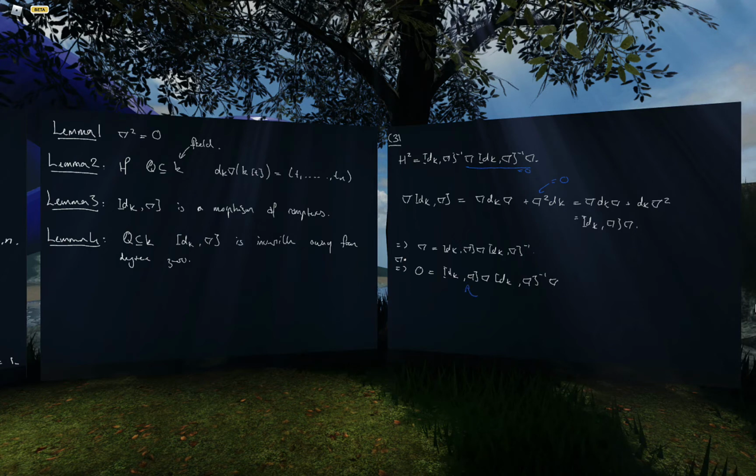But in this degree is greater than 0, well, unless all the other maps are 0. So this thing is invertible. So we find hence h squared is equal to 0.